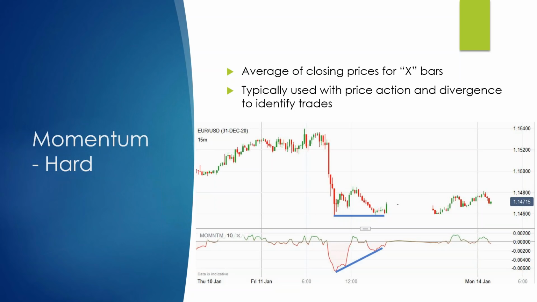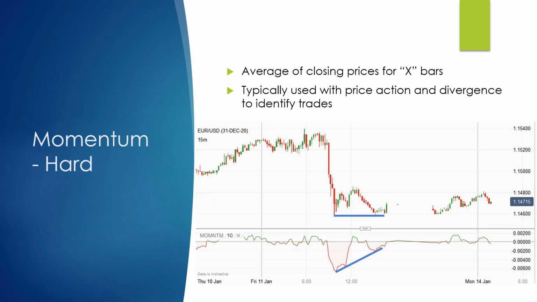So what the momentum indicator does is it actually averages the closing prices over the last X number of bars, okay? And then it will show you if the momentum is to the downside or the momentum is to the upside.